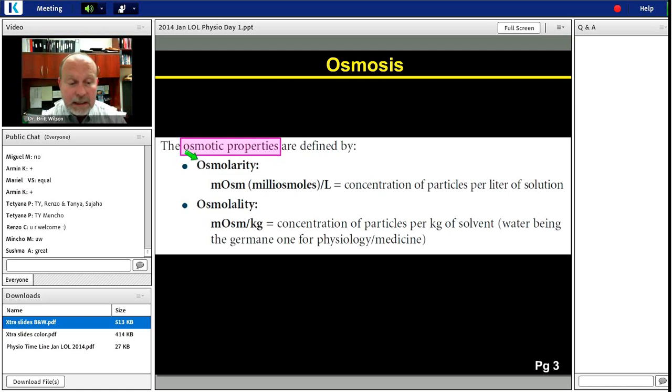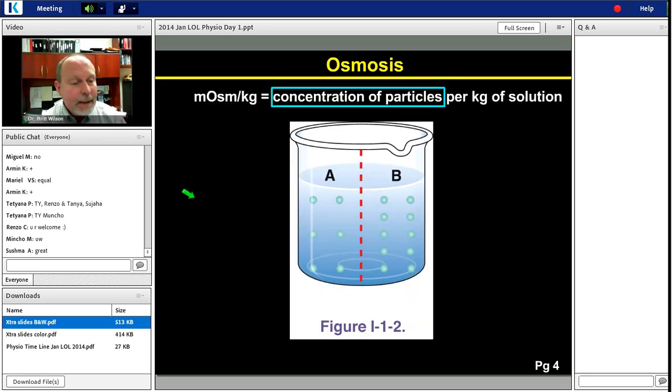If you're a research scientist in a chemistry lab, you'd better know the difference. But we're not doing that. We're taking step one. So it's all good. We don't have to worry about it. Again, I'm going to tend to use the word osmolality because that's what I use with my students. Again, osmolality, osmolarity is the concentration of the particles. So osmolality is telling you about the osmotic properties.